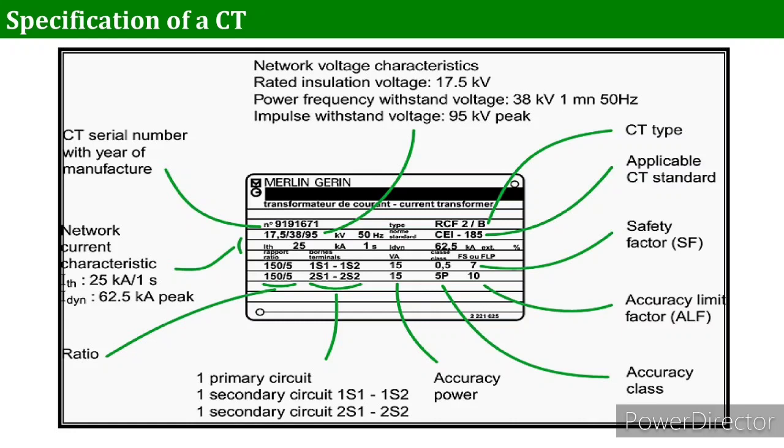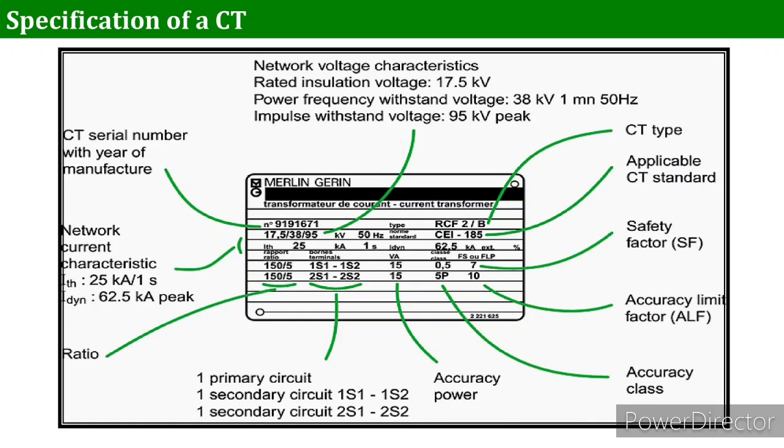Well, there is a practical nameplate of a CT. As you can see, there are multiple factors written on the nameplate of a CT. On the right hand topmost side, the CT type is written, along with the applicable CT standard. On the third side, there is an SF factor, that is basically a safety factor, and along with that, there is the ALF factor and accuracy class.